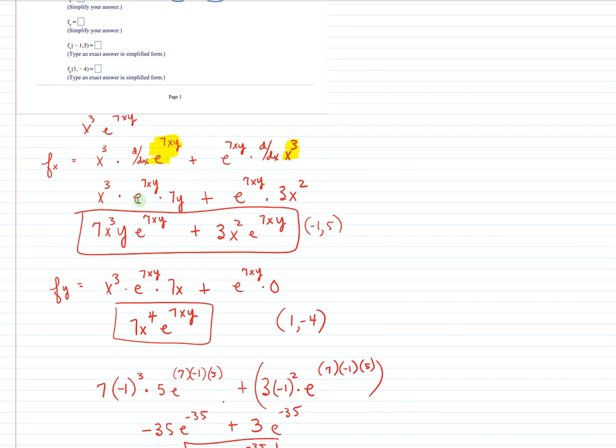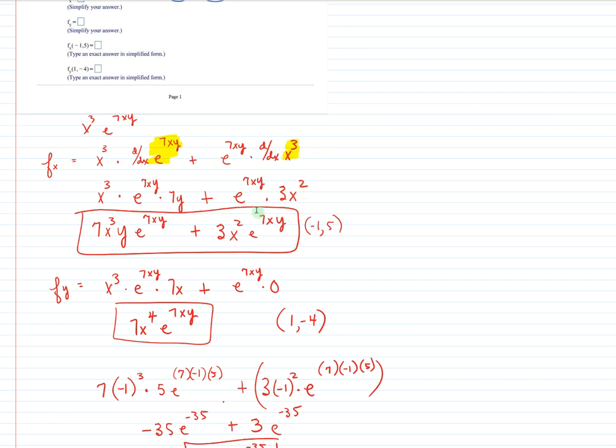In this line, I'm going to take the derivative of this with respect to x. So I write my original, and then when I take the derivative with respect to x, 7 and y are both considered numbers, so the derivative would be 7y. On this one, we write that, and then we take the derivative of x cubed, that's 3x squared.